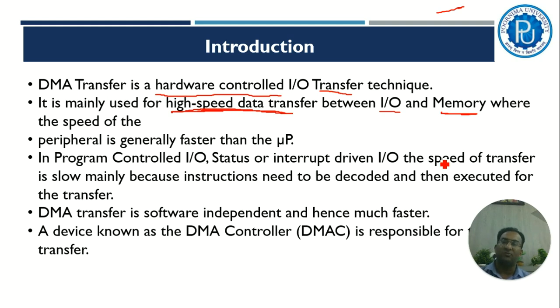So these instructions are to be fetched, decoded, and then executed to transfer the data. So this will take some time in comparison to the hardware controlled input output transfer technique, where there is no software, there is just hardware involved in the transfer of the data from one device to another device.